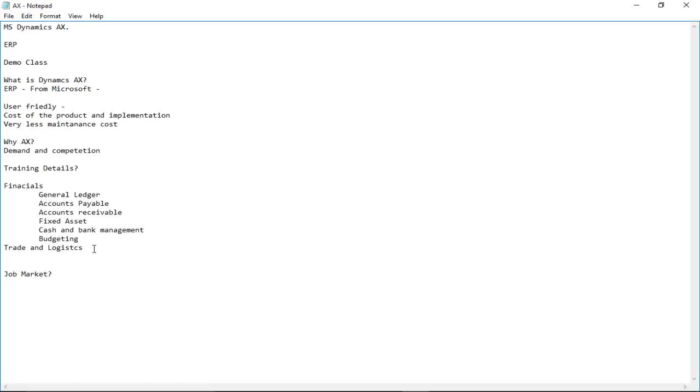So this trade and logistics area covers procurement and sourcing, one thing, warehouse management or inventory management, I could say.